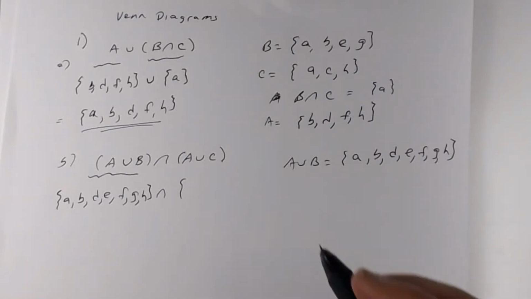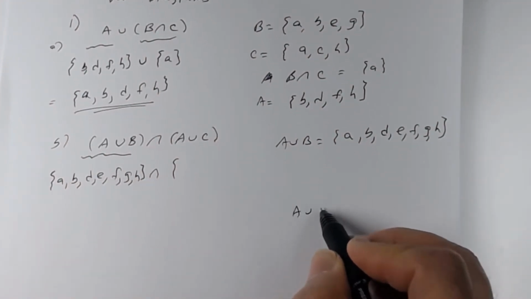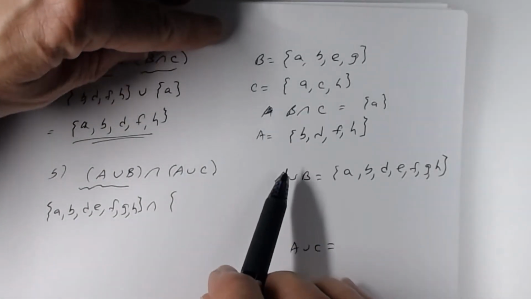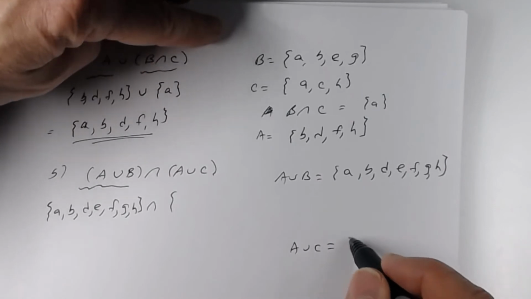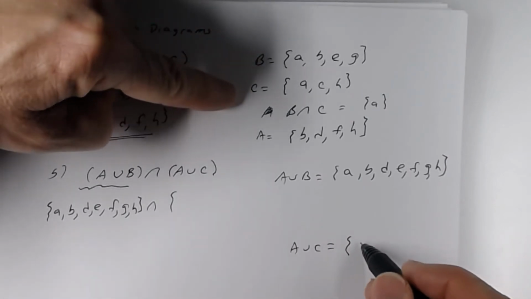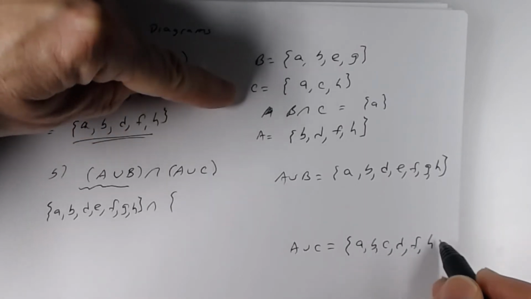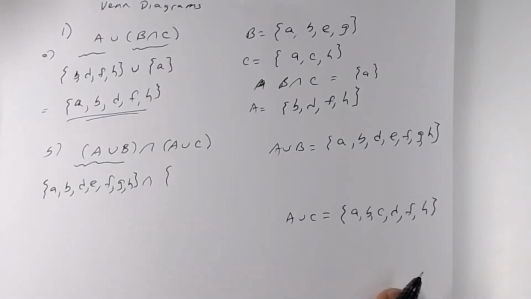So let's talk about A union C. I'm going to do that here. Here's A, here's the set C. Let's union those two sets. So I'm going to use A, B, C, D, F, and H. Is that correct? Yes. All right. Whatever's in set A and whatever's in set C, we put them together.